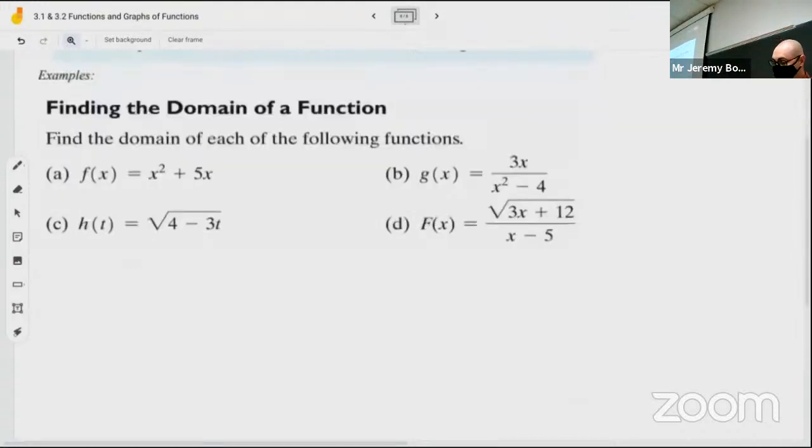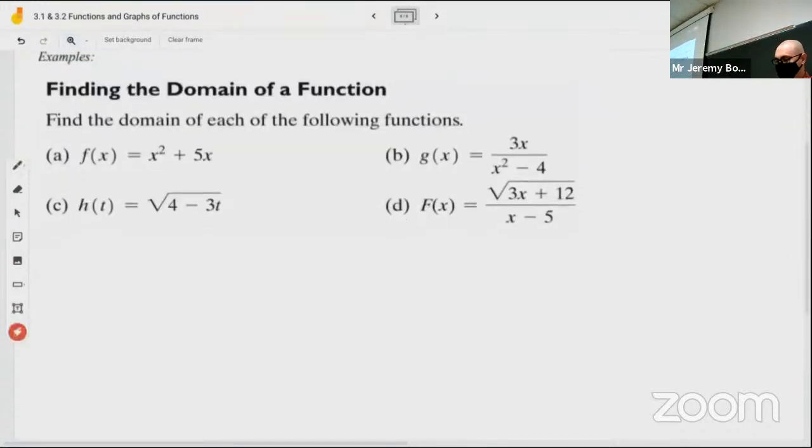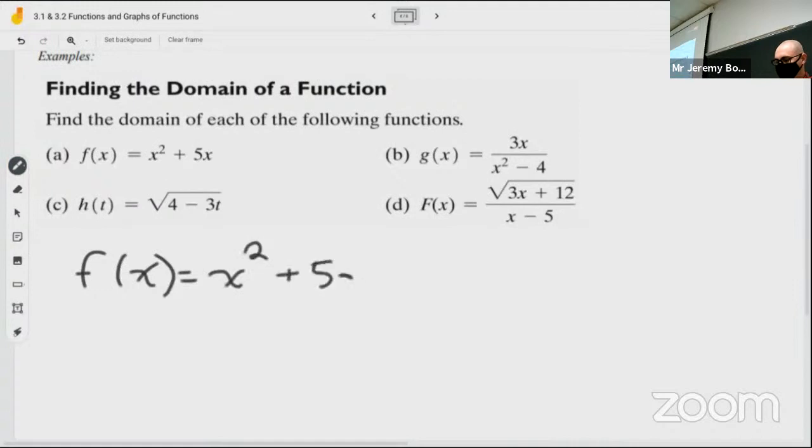So if we look at this first one here, I'll write it out. We got f of x is equal to x squared plus 5x. We want to find the domain of f. I remember I said I was going to write it like that.